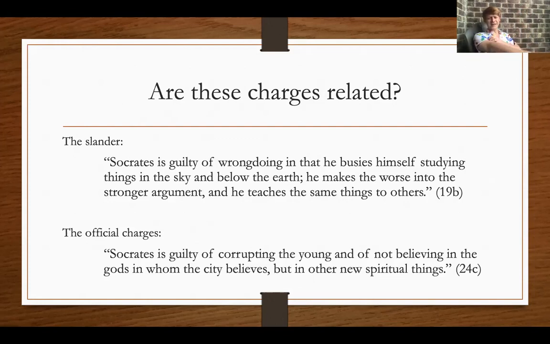And the second thing is that he is making the worse argument the stronger, right? They accuse him of being a sophist. So those are the unofficial charges, which Socrates says are slanderous. And then there are the official charges that say that he's guilty of corrupting the youth and not believing in the gods of the city, right? So seemingly unrelated, they may actually be related.